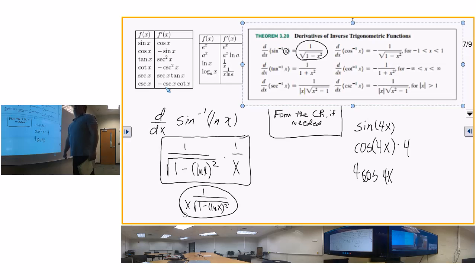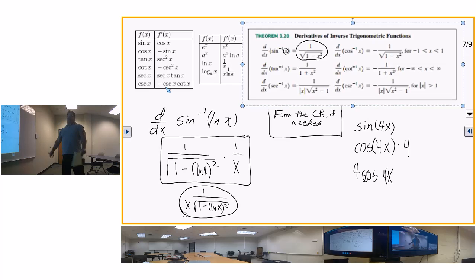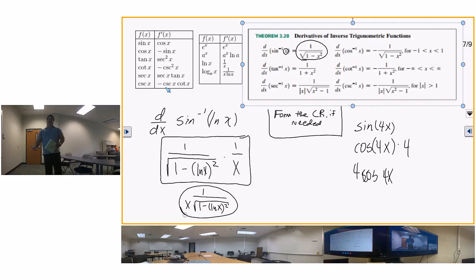Now, do you see why I really don't put a lot of emphasis on the inverse trig function? Because if you know how to do the chain rule, and you know how to plug and chug into a formula, then the rest is just algebra. It's plugging and chugging and chain rule and algebra.